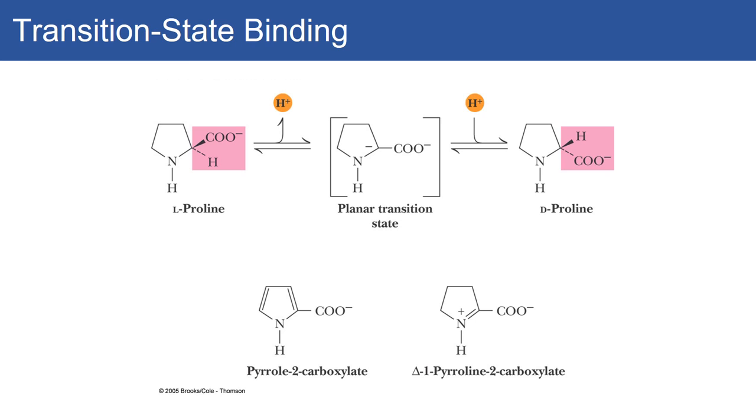This fit provides a better energy state relative to the substrate and provides the ability for the enzyme to perform its work. By binding the molecule in a transition state, it reduces the effective activation energy. In this situation, we're going from proline to pyrrole to carboxylate, and the transition state is stabilized, and that allows a reaction to occur more quickly. That's the theory with transition state binding.